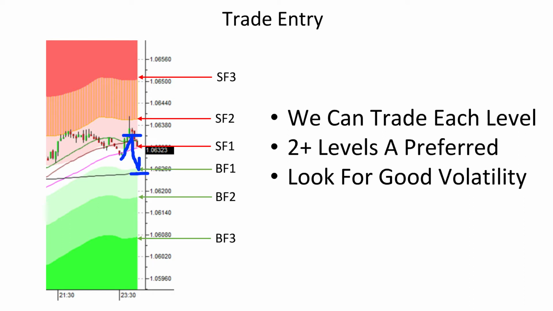You want those to be good moves, and it depends on the currency pair. With euro dollar, if these swing highs and swing lows are anywhere between 25 and 30 points, that's what I'll look for when we're hitting a first level or even a second level. I want to see a good swing one way or the other to give me better odds that it'll bounce.